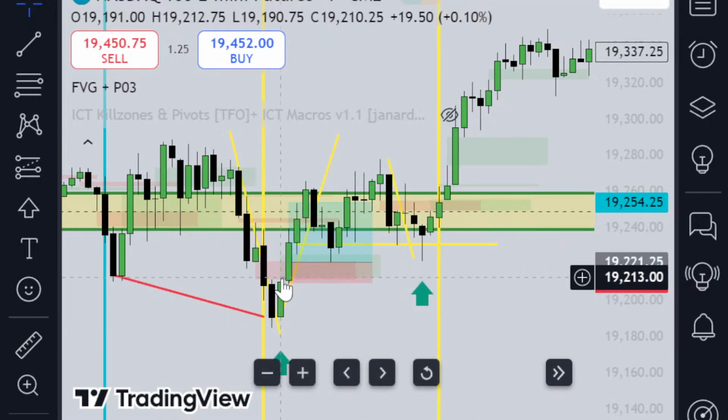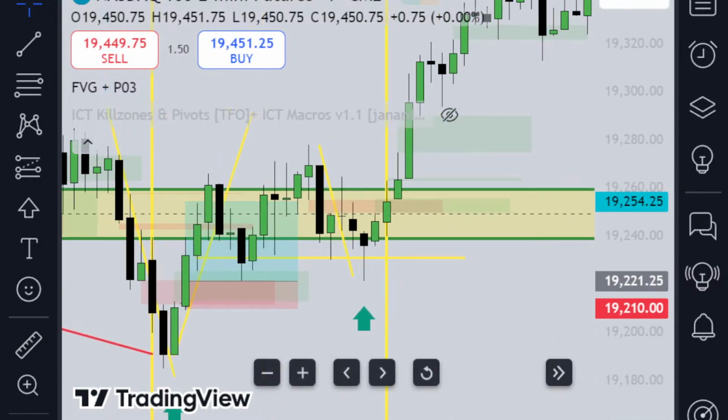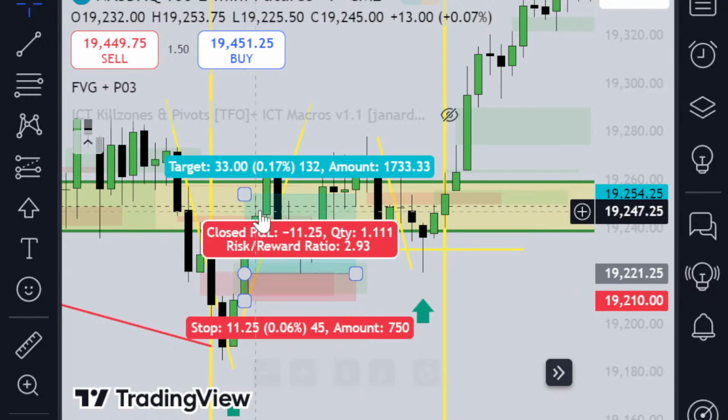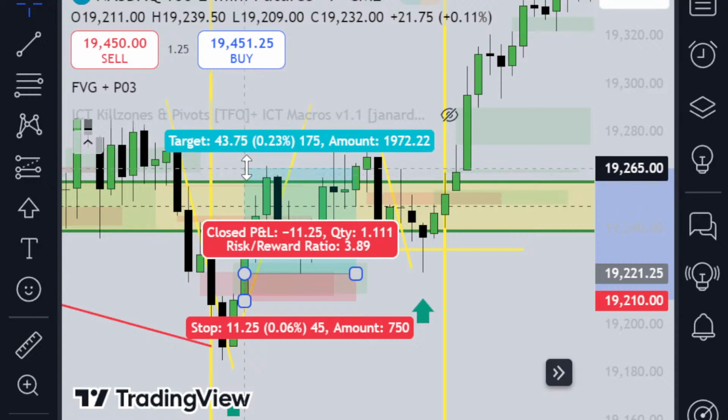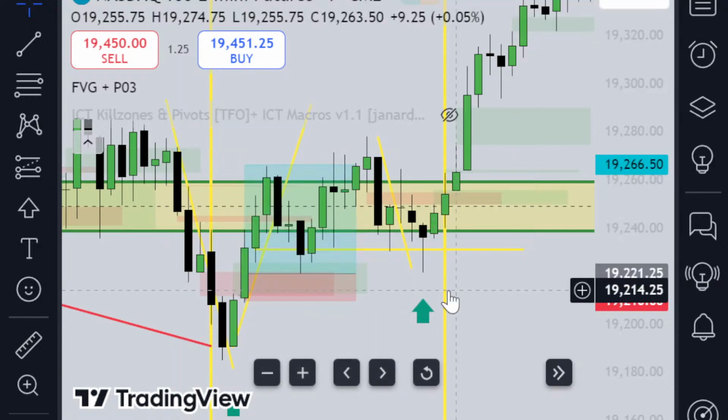So this is our first little scalp right there. This is what I took for my first little scalp today. From here, middle of the gap, I got out. Literally, I got out on the tick up here because we could get a little more complex.